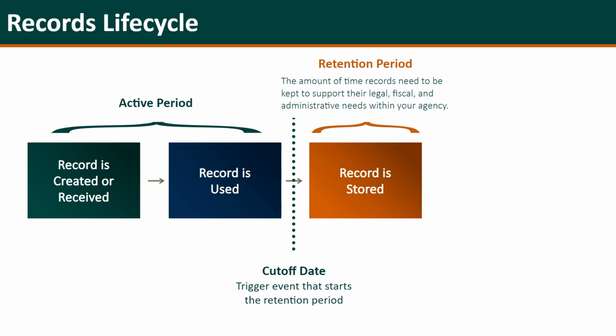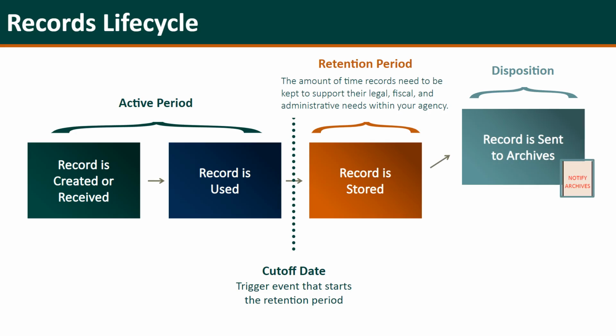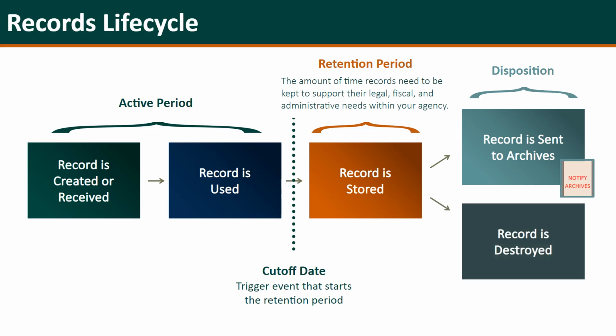Once the retention period has been met, the records can be dispositioned, which usually means one of two things. If any records are flagged with Notify Archives, meaning they have enduring historical value, they're given to the state archives. Records not flagged Notify Archives are destroyed once the retention period has been met.